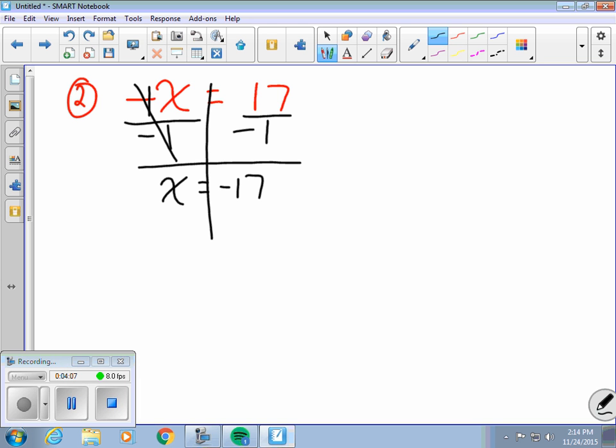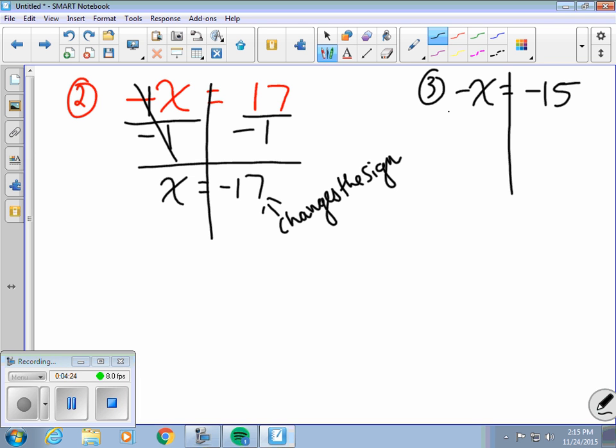Notice that all it does is change the sign. It was a positive 17, now it's a negative 17. If I had negative x equals negative 15, again, I could divide by negative 1 on both sides, becoming positive x and positive 15. Again, all it did was change the sign of my final outcome.